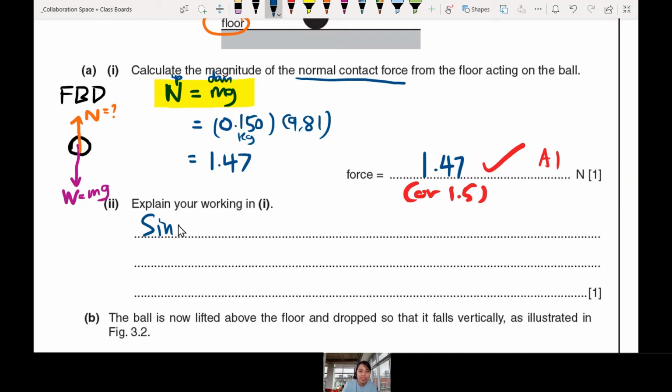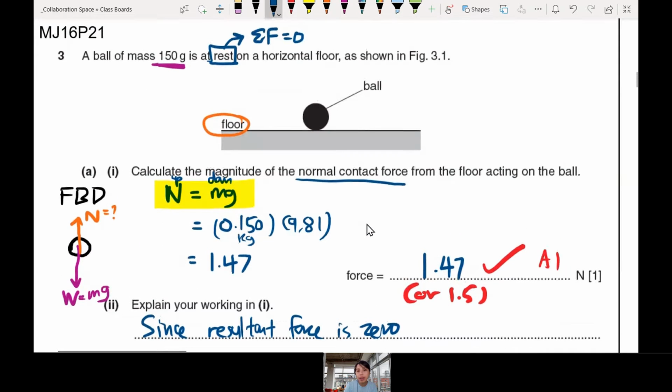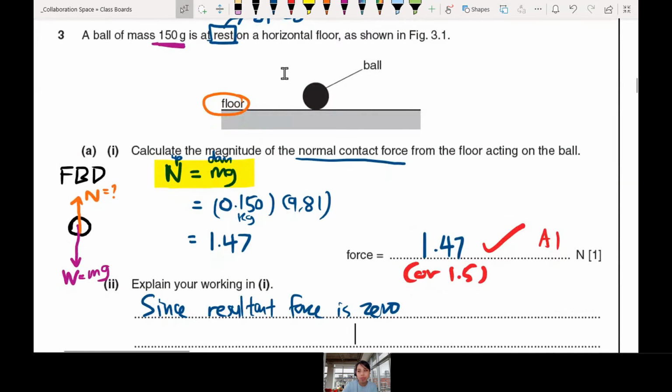Since the net or resultant force is 0, because the thing is at rest, it didn't start moving, it's just chilling. Since the resultant force is 0, the normal contact force upwards equals to what?